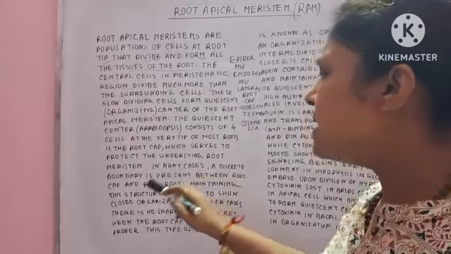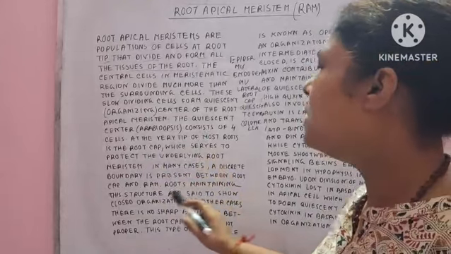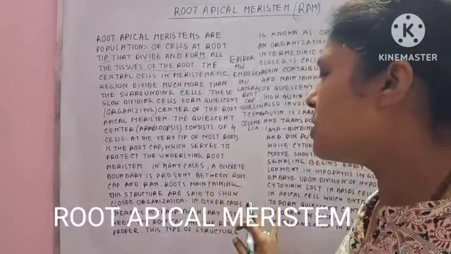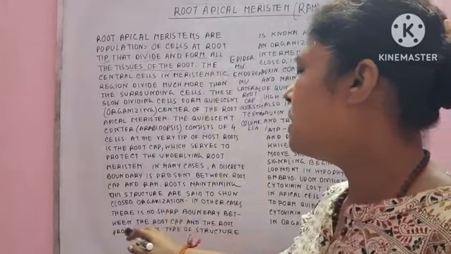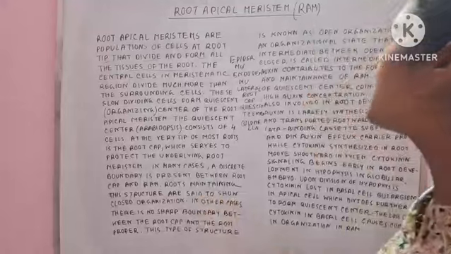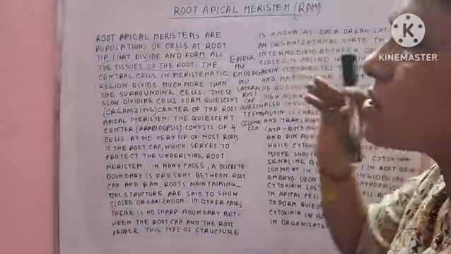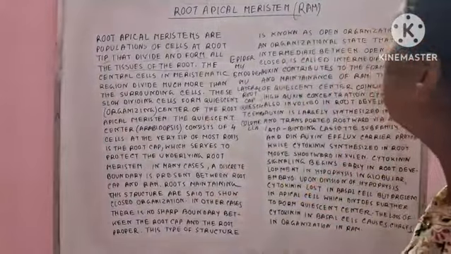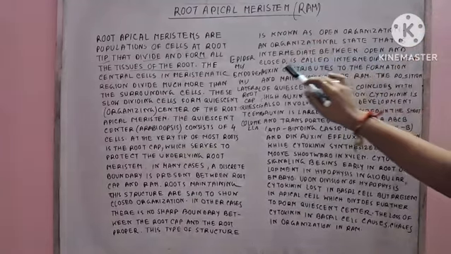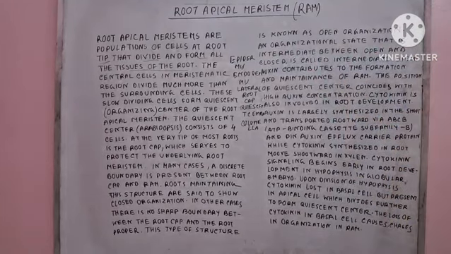If this boundary is present, the structure is called the closed organization structure. In some cases the boundary is not seen between the root cap and the root apical meristematic region. In that situation, the structure is called the open organization structure. Another organizational structure is the intermediate structure between the open and the closed, called the intermediate open.